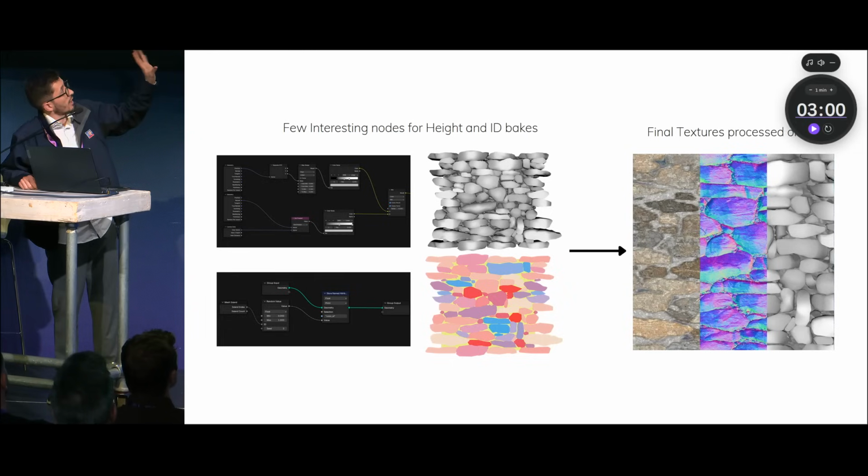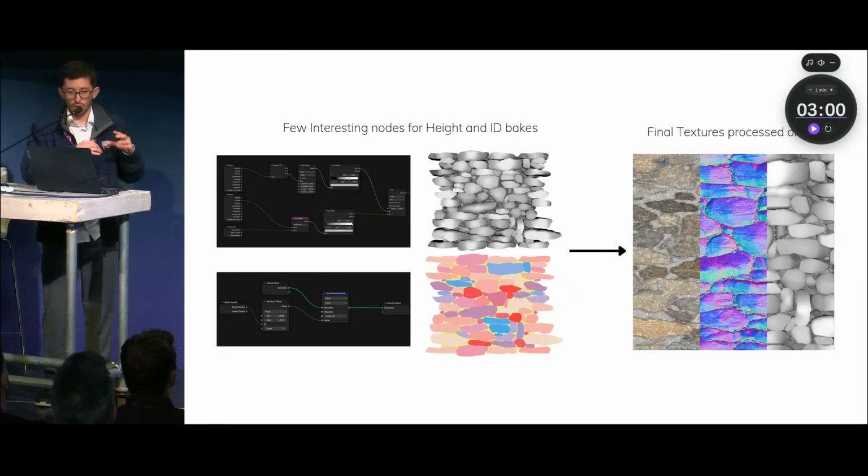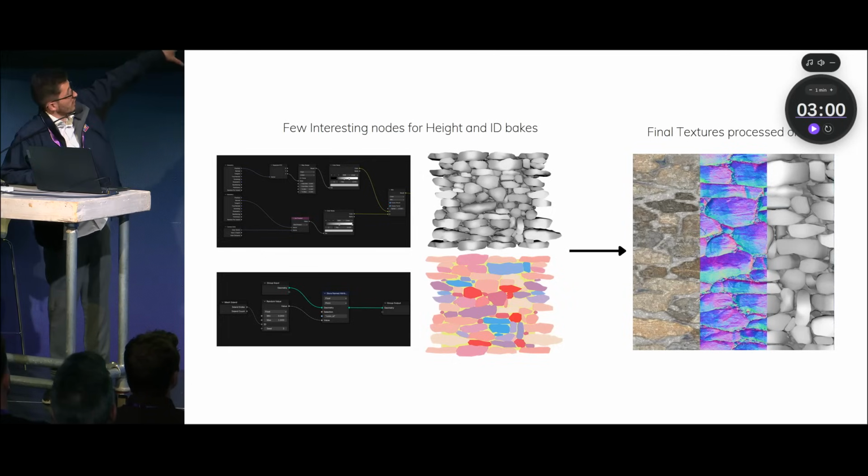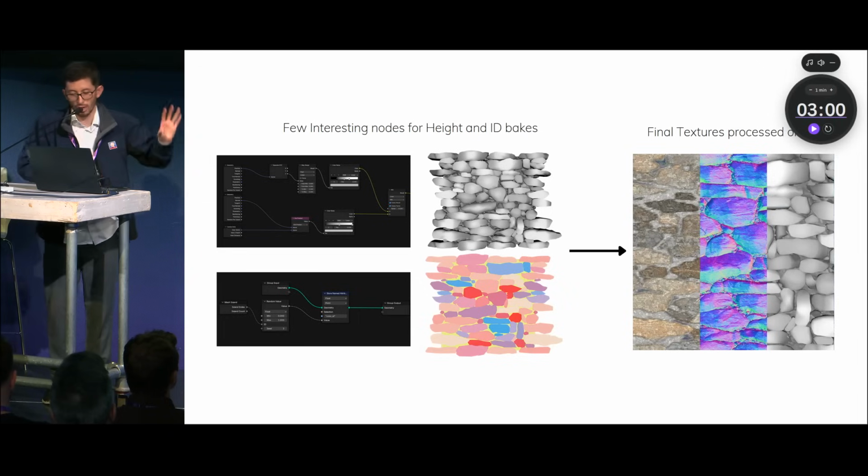It allows me to control how much height information I want without being worried about the size of the mesh. And the other one is basically a geonode that reads the separate meshes and creates an ID map with random values.